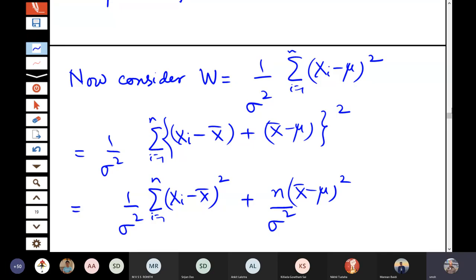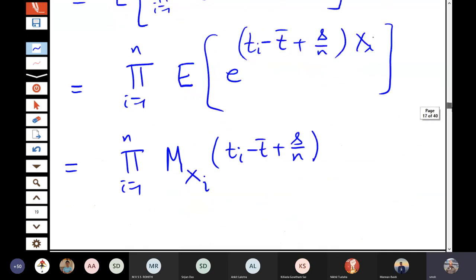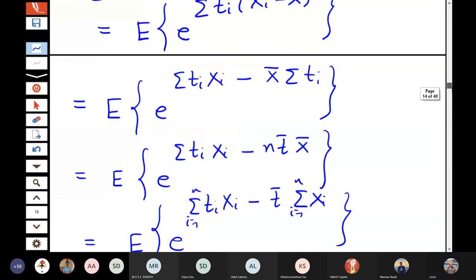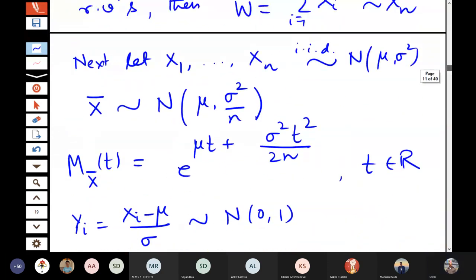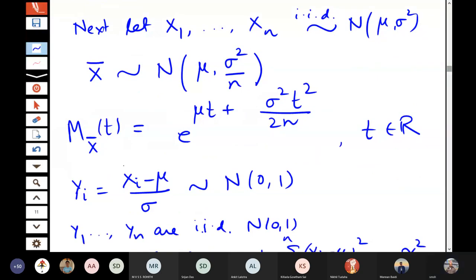Now this term n by sigma square (x bar minus mu) square, where is it coming from? If you go back to my first step here, I have written x bar follows normal mu, sigma square by n. So if I standardize, I will get x bar minus mu divided by square root of sigma square by n, that will be normal 0, 1.